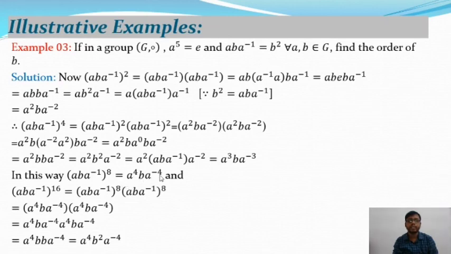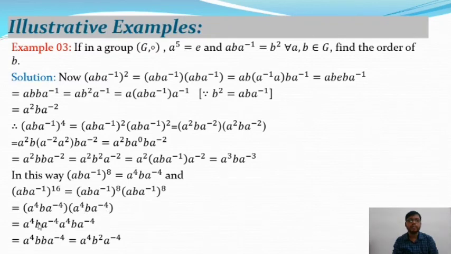Applying the same thing we get this one. And (a inverse) whole to the power 16 equals (a inverse) whole to the power 8 into (a inverse) whole to the power 8. You know that (a inverse) whole to the power 8 is a to the power 4 b a to the power minus 4, and similarly the other one is a to the power 4 b a to the power minus 4.